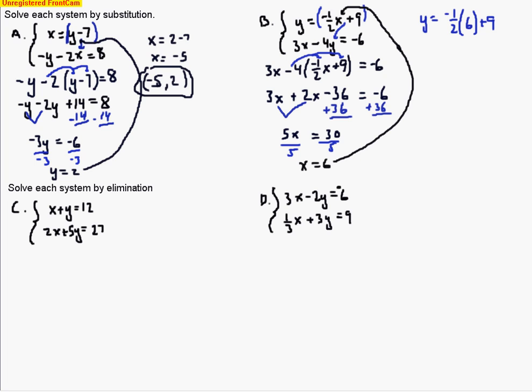So we'll rewrite what we've got. So now it's y equals, now half of 6 is 3, and a negative times a positive makes a negative. So it's negative 3 plus 9, and that ends up making 6 altogether. So there it is, y equals 6 when x is 6. So we got our answer, 6 comma 6.